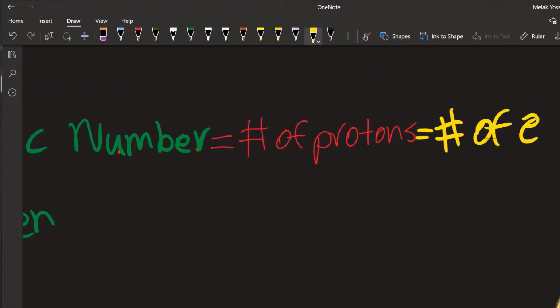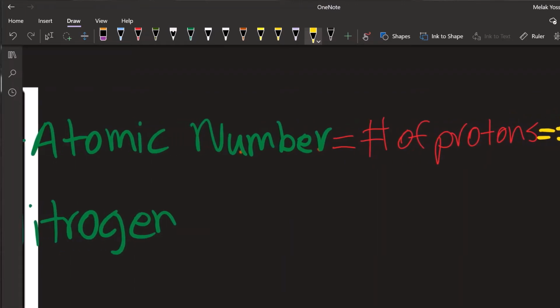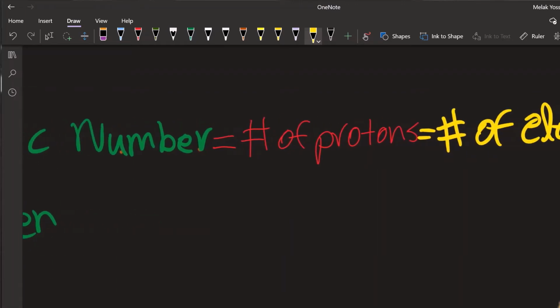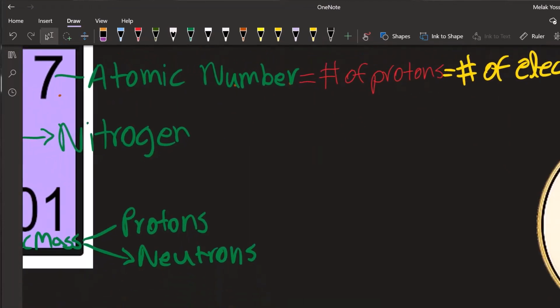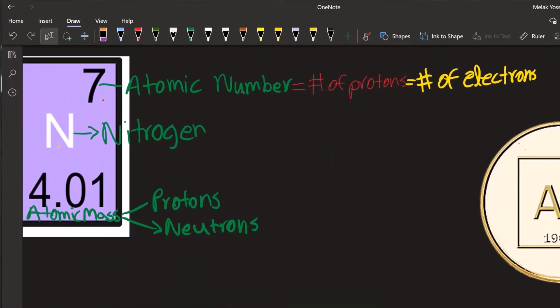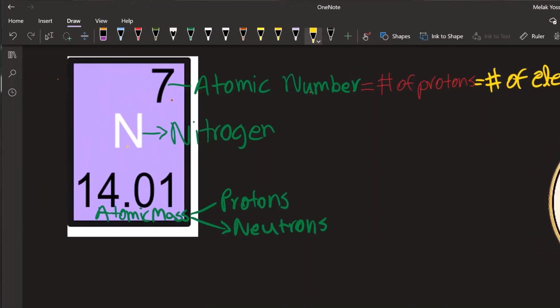Therefore, the top number could tell us the properties of two subparticles. So the atomic number could tell us the number of protons and the number of electrons. It could also, in combination with the atomic mass, help us find the number of neutrons. What I mean is, the atomic number is the number of protons and the atomic mass is protons and neutrons.